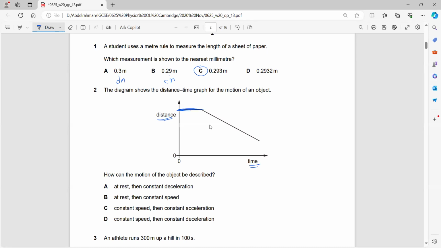So initially it was at rest and then it was moving at a constant speed. Why did I say it's moving at a constant speed? Because it's a constant slope, a constant gradient.